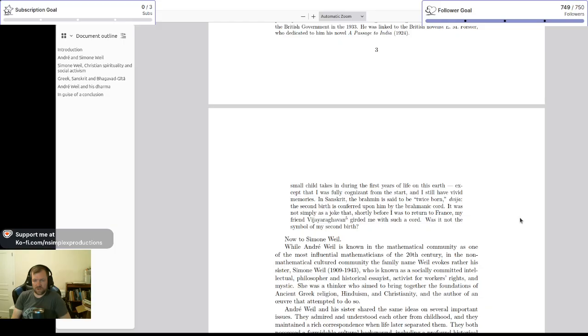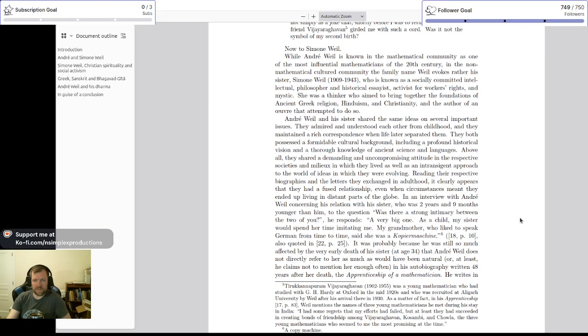André and his sister shared the same ideas on several important issues. They admired and understood each other from childhood, and they maintained a rich correspondence when life later separated them. They both possessed a formidable cultural background, including a profound historical vision and thorough knowledge of ancient science and languages.